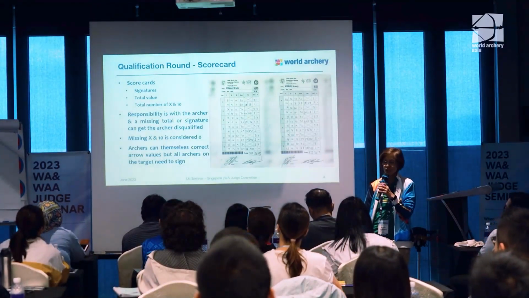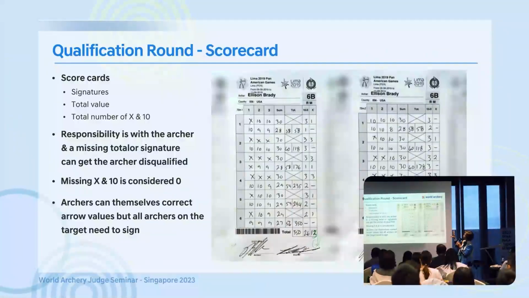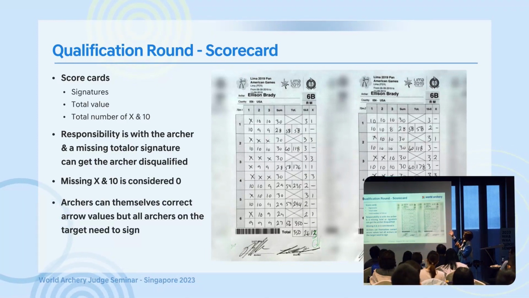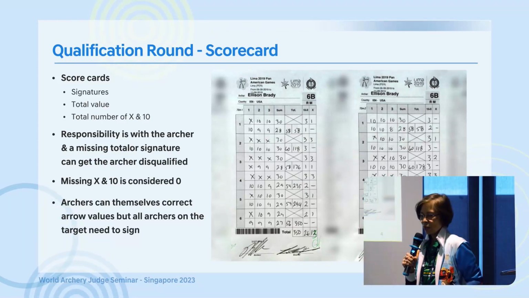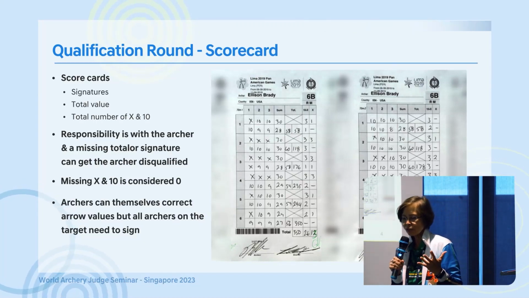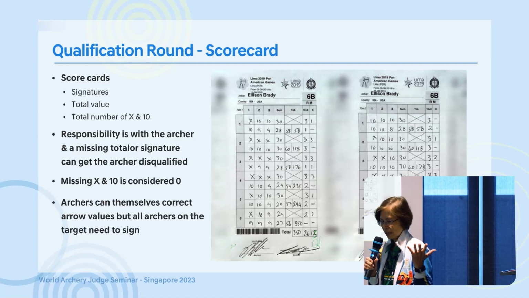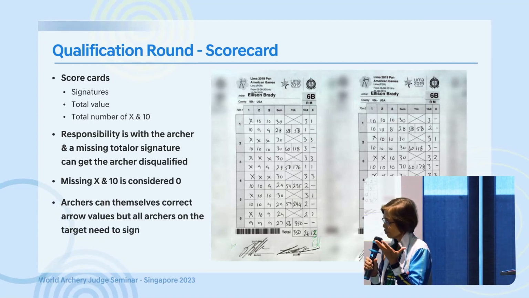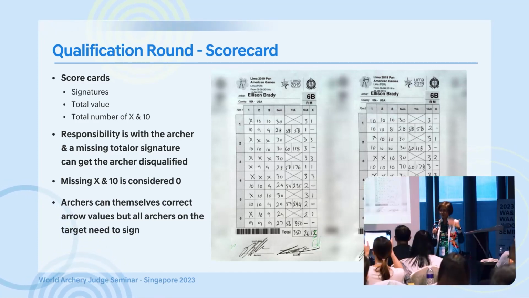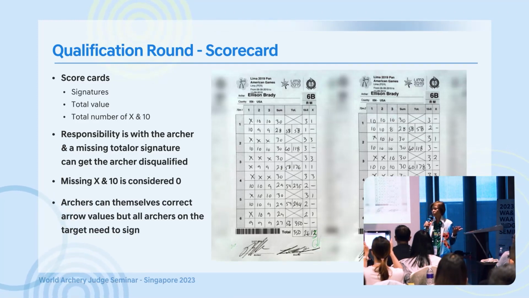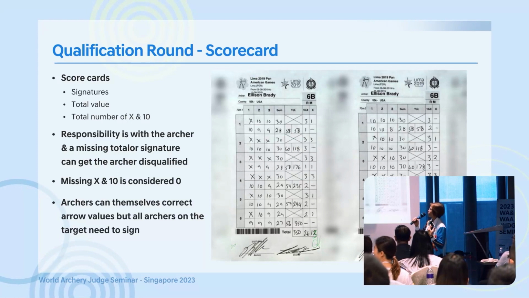Now, the scorecard. This is what a scorecard looks like in a world ranking event. And what are the important things here? Of course, the score. Total sum. Extra: number of tens and Xs, or 10 and 9 if indoor. Correct. Now, those are very important.